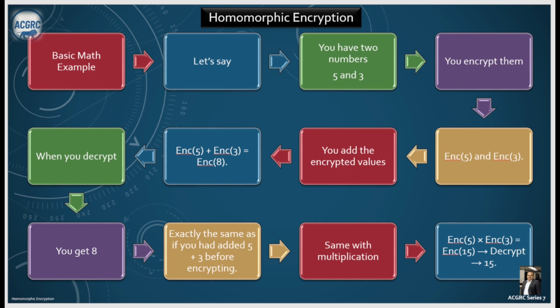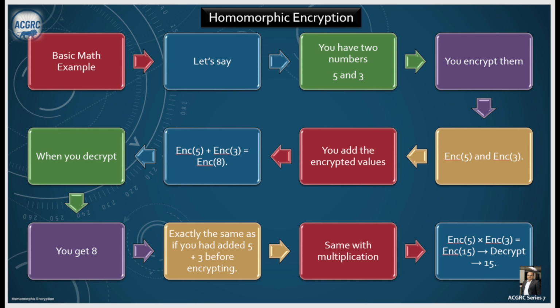Suppose you encrypt 5 and you encrypted 3. If you multiplied both these encryptions, you still get 5 into 3, which is 15 in encrypted format. So when you decrypt the result, you get 15. That's how homomorphic encryption works.